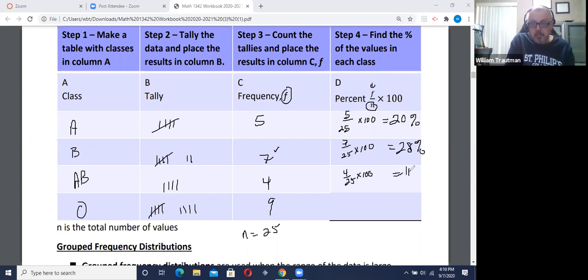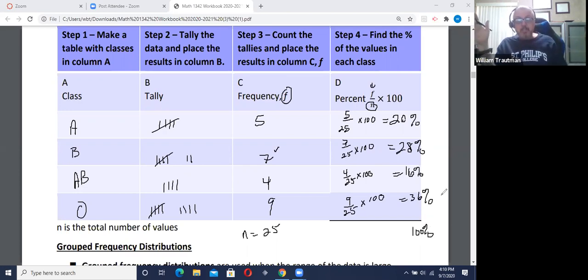I get 16% on my calculator, and I get 9 over 25 times 100, and I get 36%. So if we did everything correct, this should all add up to 100%. 20 and 28 is 48, and 16, 58, 64 plus 36 adds up to 100%. So it looks like we did everything correct.